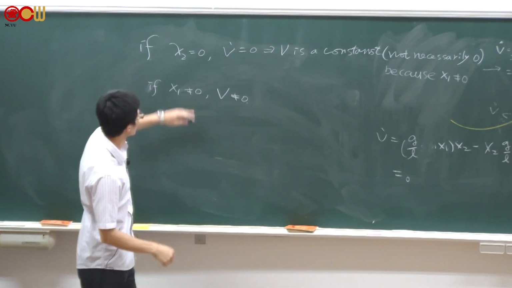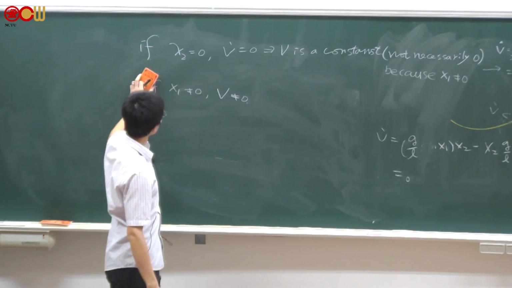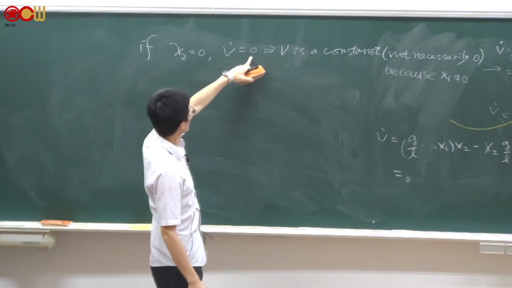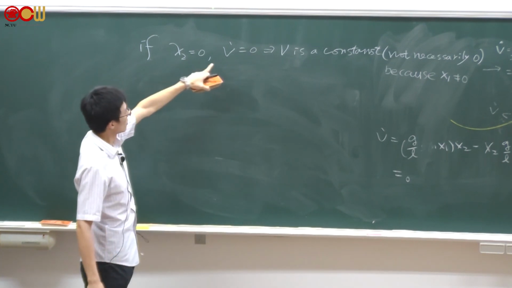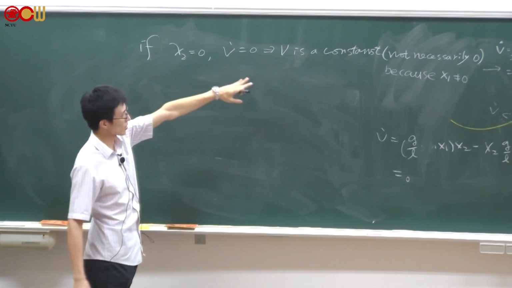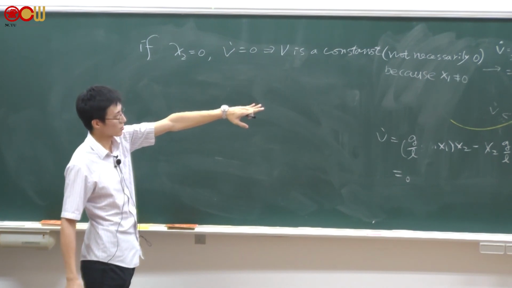This might confuse you. If x2 is 0, it only means v is a constant, which is not necessarily 0.